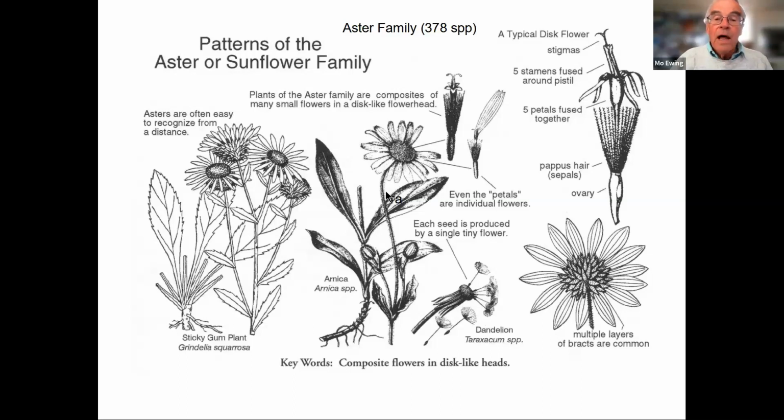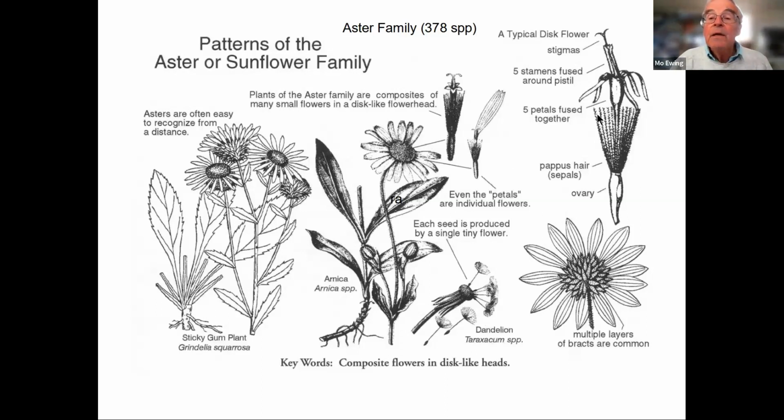That is a whole lot of flowers. Each one of the little things in the disc is a flower, which looks like this. And then each one of these, which are called ray flowers, has a flower attached to it, so what looks like one flower could be 100 flowers or something like that.